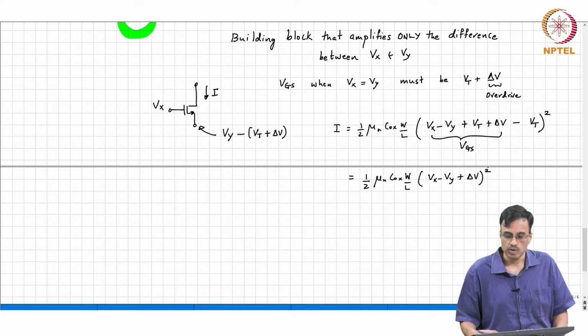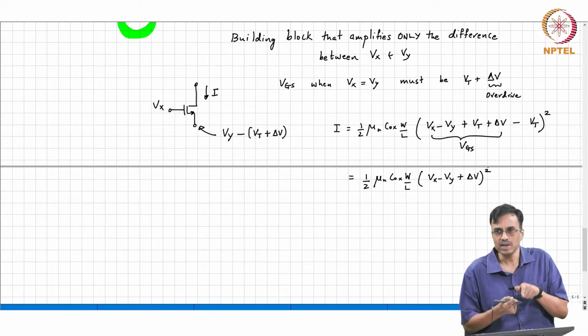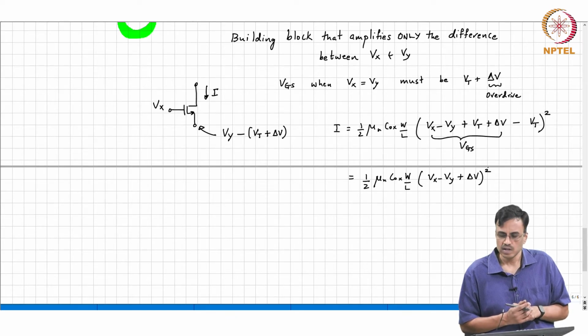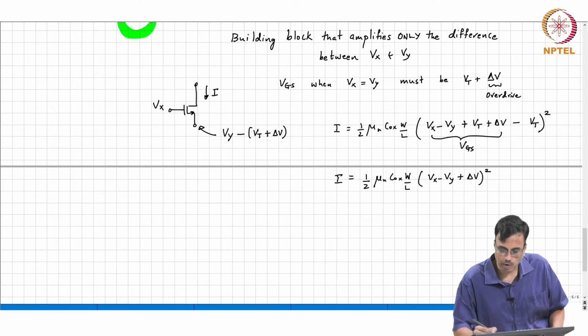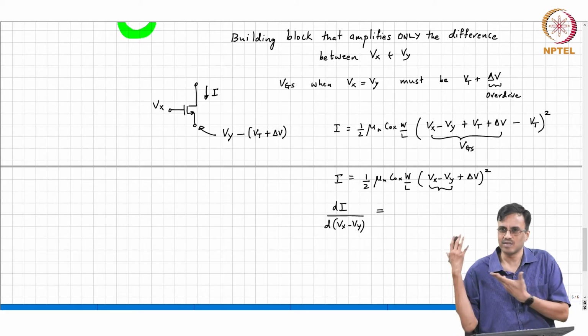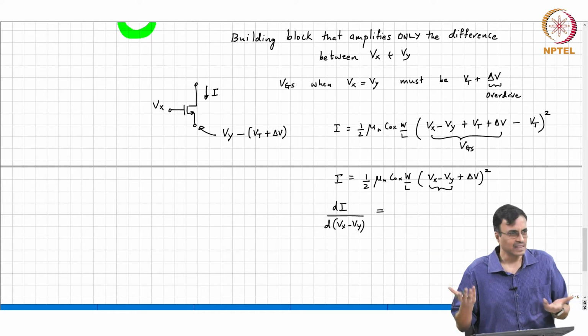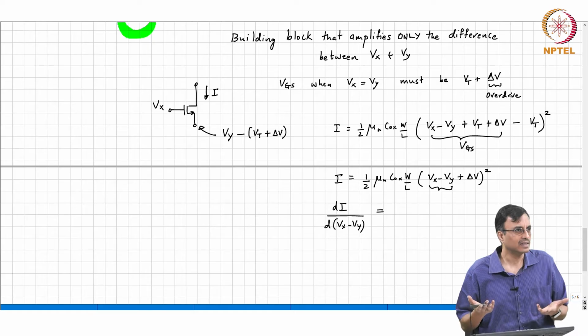Alright. So, now what comment can you make if Vx minus Vy is a small quantity? Ideally, we know that that is going to be almost 0. So, what comment can we make about dI by d(Vx minus Vy)? This is a small quantity. So, now if Vx minus Vy changes by a little bit, without writing any equations, what is that quantity, mu n Cox W by L delta V?